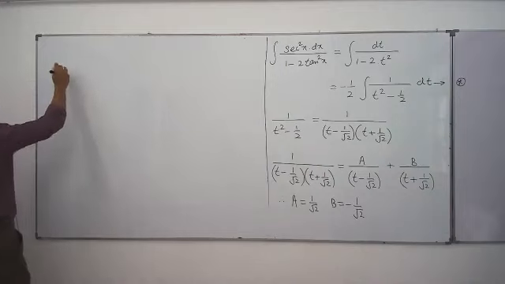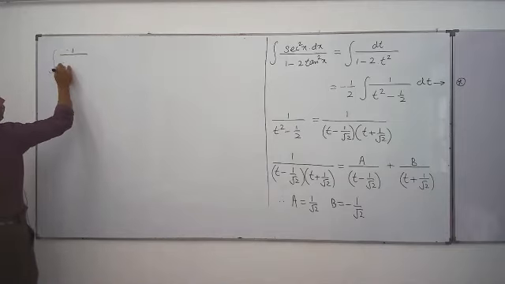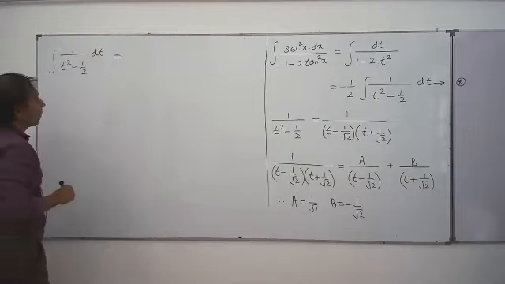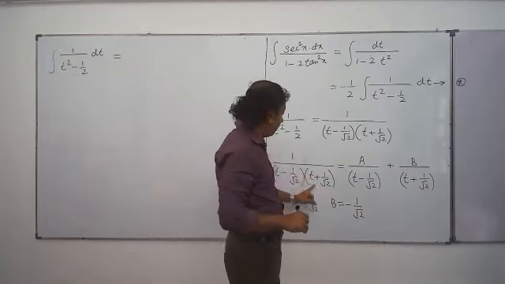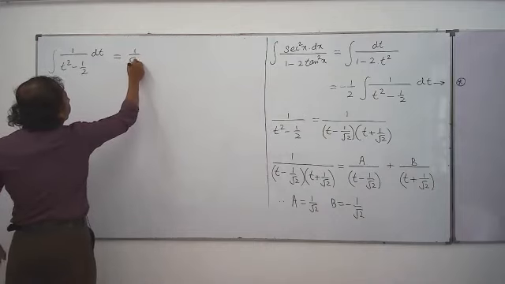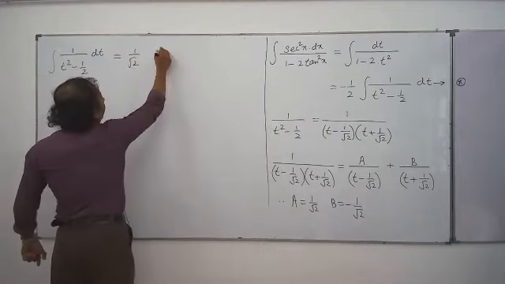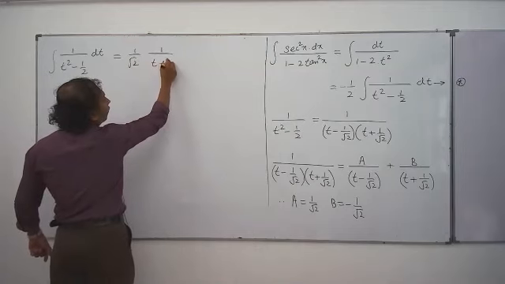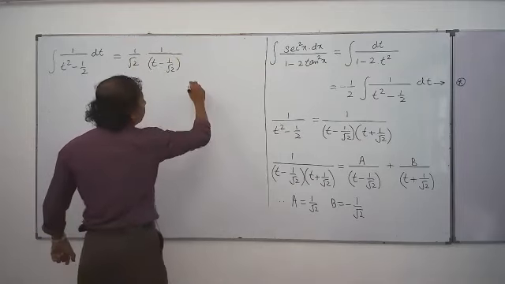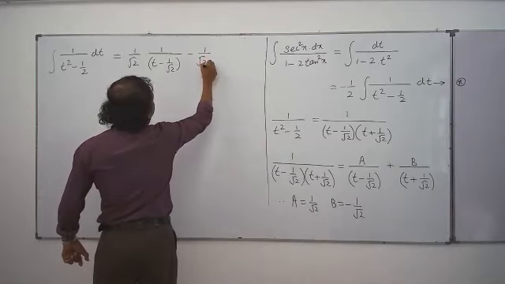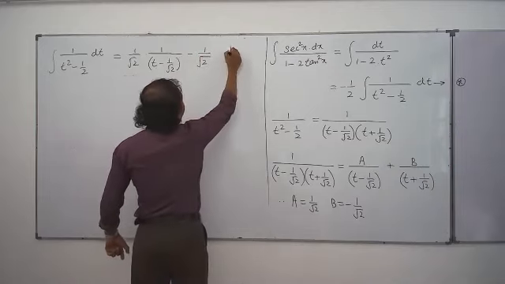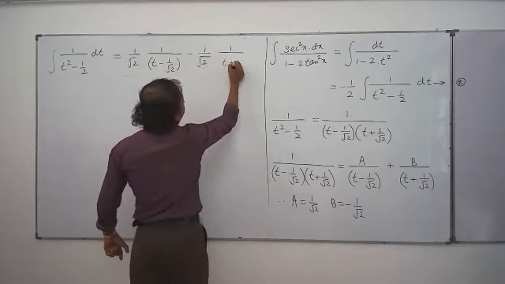So then we can write 1 upon t squared minus half dt is therefore this, it is this now, right? A, 1 over root 2, 1 upon t minus 1 over root 2. B, minus 1 over root 2 upon t plus 1 over root 2.